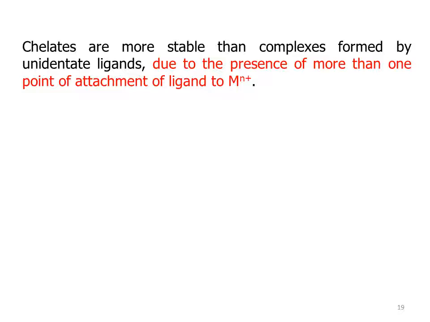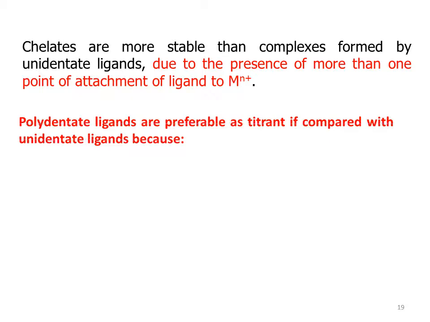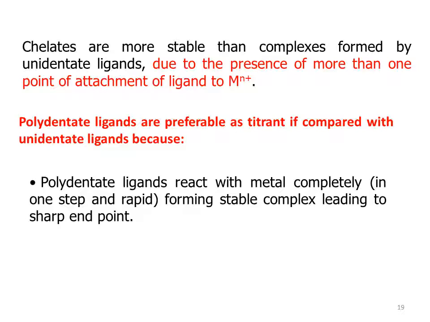Again, a chelate is a complex that is formed of a central metal ion and a polydentate ligand. Why? Due to the presence of more than one point of attachment between the ligand and the central metal ion. Therefore, a polydentate ligand is preferable as a titrant compared with unidentate ligands because they react with the metal completely in one step, forming a stable complex leading to sharp endpoints.